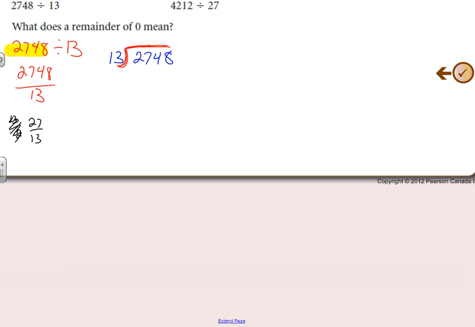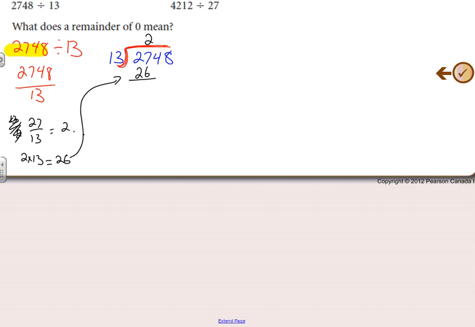We know that's going to go 2 full times, so 2 point something. It goes in 2 times into the 27. Now we need to go back and ask, how many is 2 13s? So 2 times 13 gives us 26, and that's the number we put underneath here.